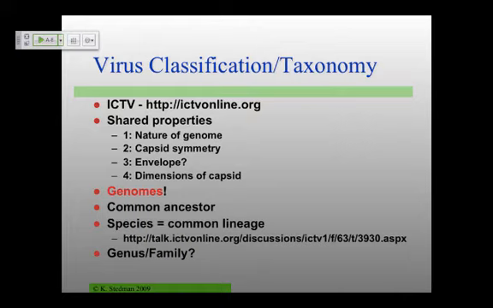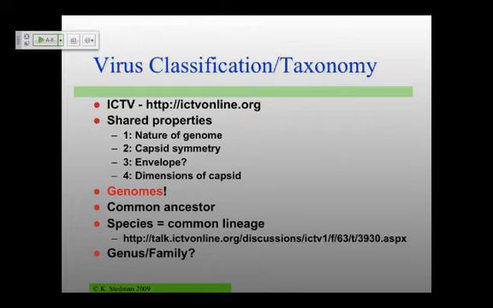Basically, it's the nature of the genome that actually gets packaged inside the virion, which is the first criterion. And that's what you'll see in all of these sections here. There'll be single-stranded DNA, or this big one right here, positive single-stranded RNA, for instance.